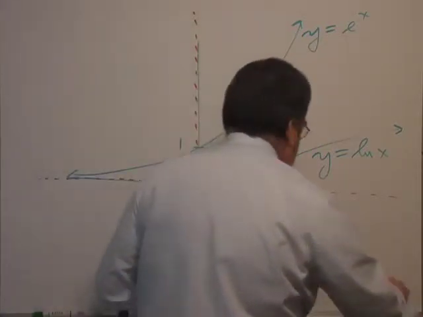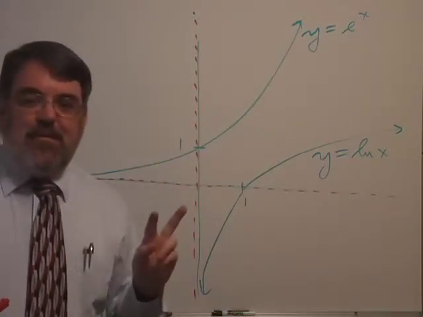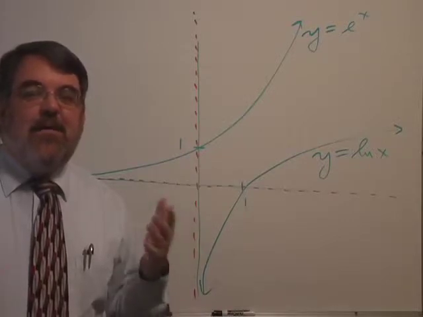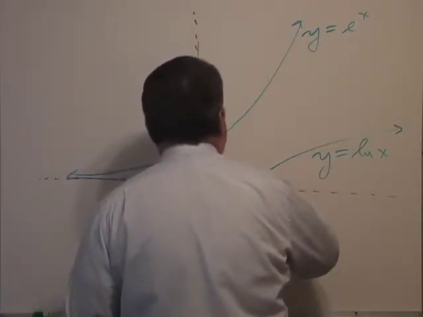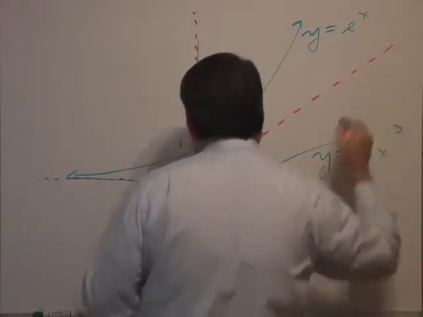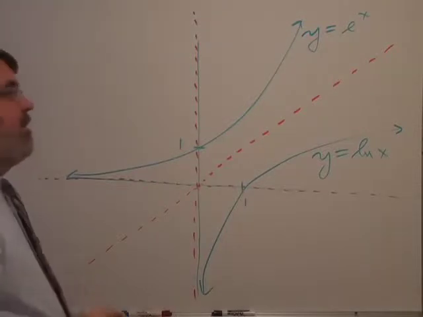And it turns out that the graphs of inverse functions have one neat commonality. All inverse functions reflect across this line here.